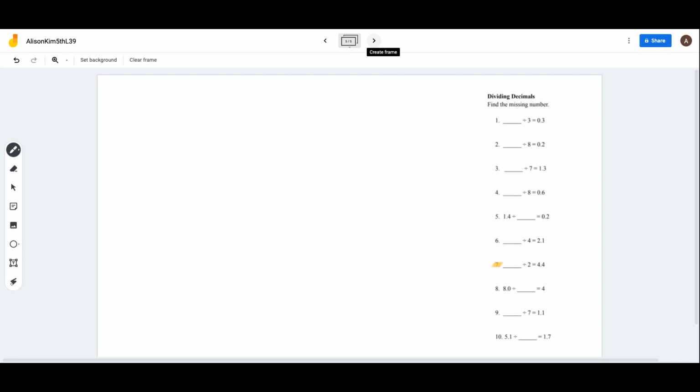Now we're going to be dividing decimals. Once again, like I always do, the missing number is going to be replaced with an x, and that's what we're going to have to try and find. Number 7's new equation will be x divided by 2 equals 4.4.